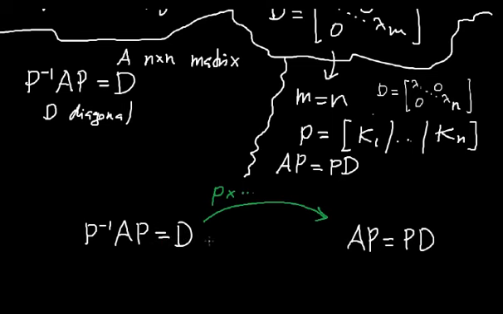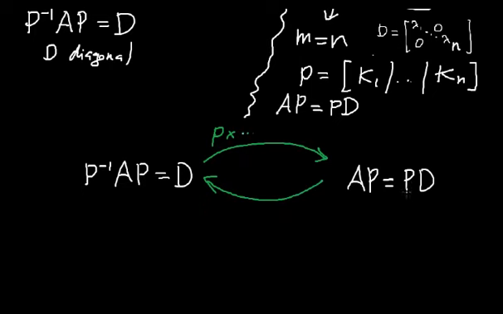What about backwards? Can we get from the right-hand side equation to the left-hand side equation? Perhaps we should multiply both sides, on the left side, again, by P inverse. It will work, right? We'll have P inverse AP on the left side, which is exactly what we want here.